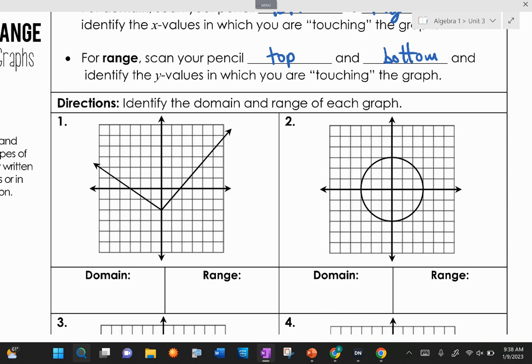Does that arrow stop? No. So what's the lowest value of this graph? Yes, but in which direction? Infinity is positive, so how do you make infinity negative? Just stick a negative in front of it. So it's just negative infinity.